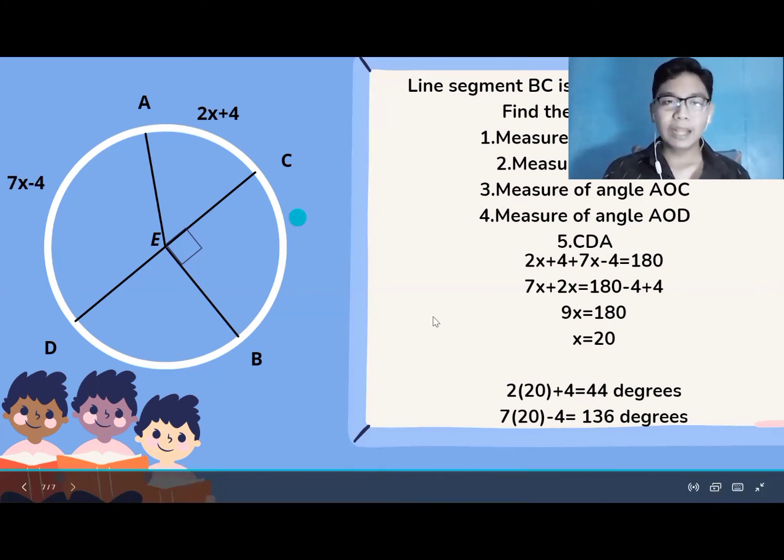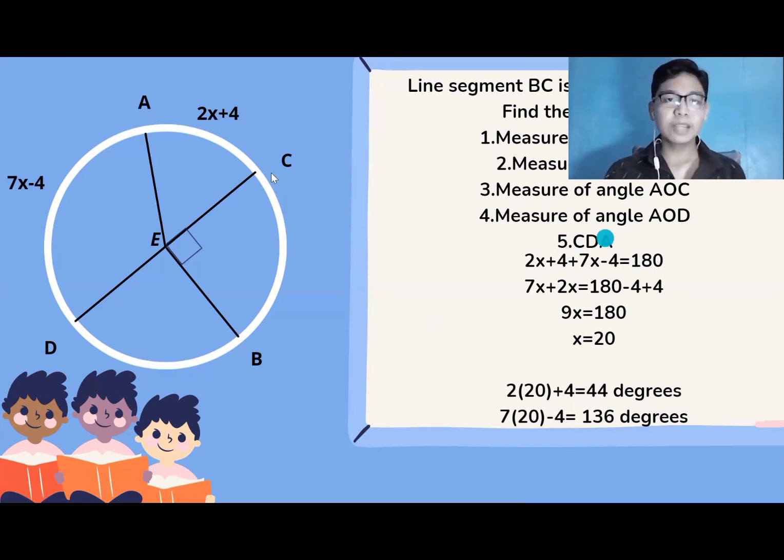So the value of this is not included in arc CDA. In arc CBA, this is not included. So basically, we will just subtract 360 degrees minus 44 degrees. Then we get 316 degrees. So that is the value of CDA.